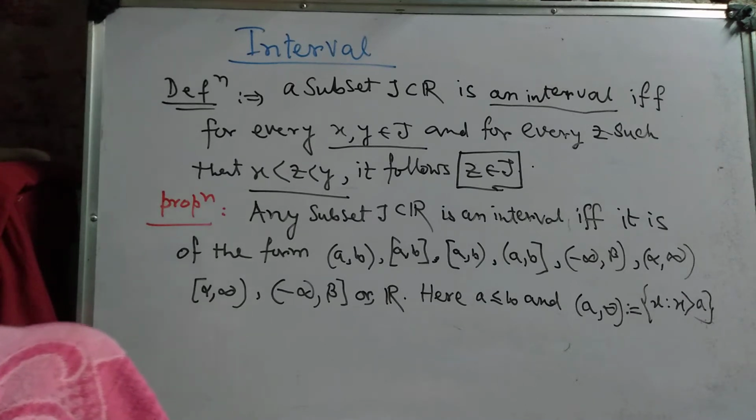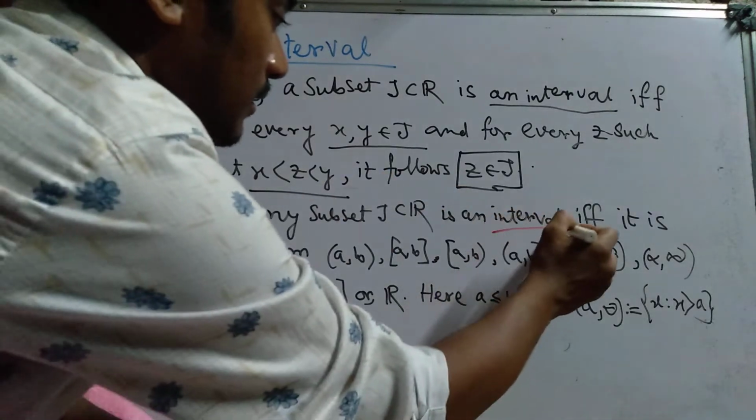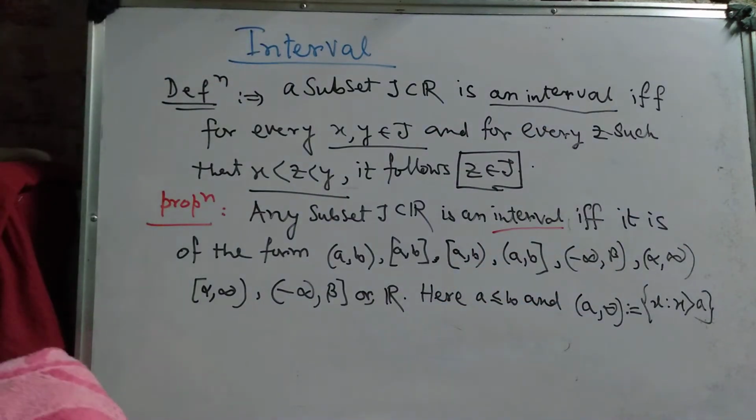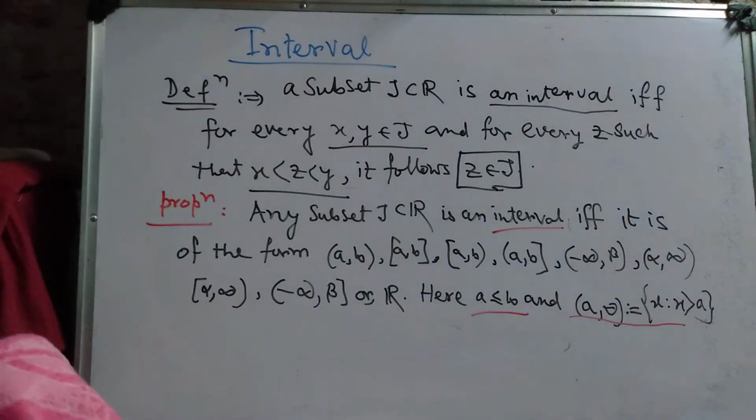So we talk about this proposition. Any subset J of R is an interval if and only if it is of the form open (a, b), closed [a, b], half closed [a, b), (a, b], (minus infinity, b), (minus infinity, b], (alpha, infinity), [alpha, infinity), (minus infinity, beta], or R. Here a is less than or equal to b, and (a, infinity) equals the set of x such that x is greater than a.